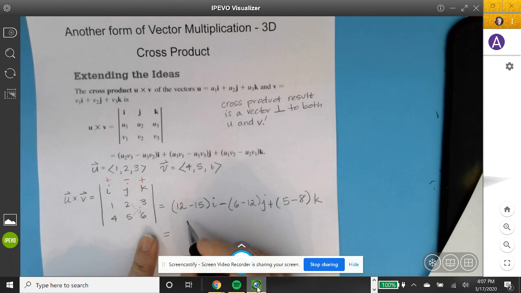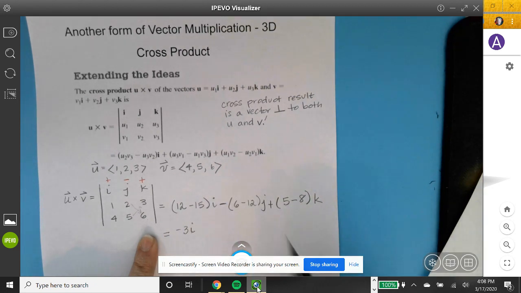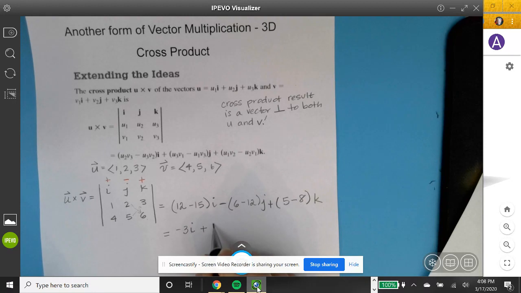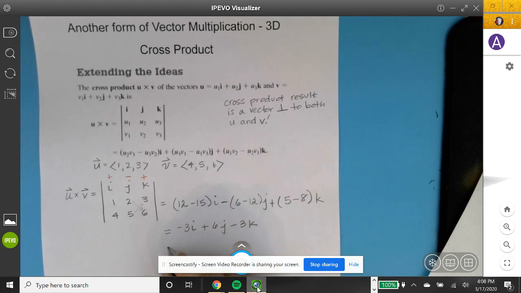Okay, now let's simplify, and we get negative 3i minus, this is minus 6 minus 12, so this would be plus 6j, and then minus 3k. All right, now I can also write this vector as negative 3, 6, negative 3.